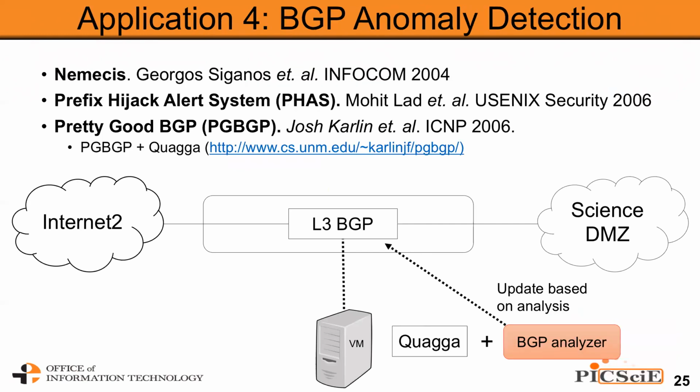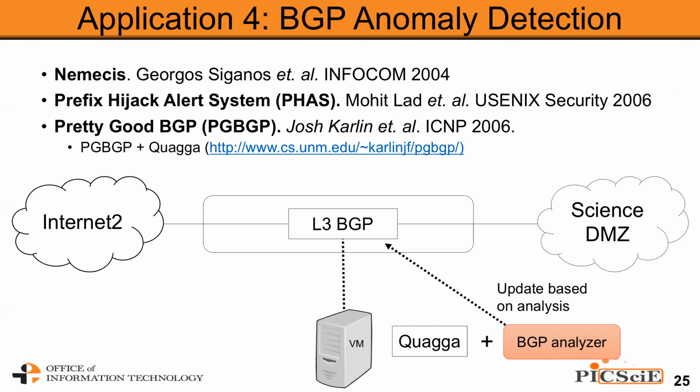Application 4 is about BGP anomaly detection. This is also in our plans. In 2004 or 2006, there was really good work on detecting BGP anomalies. Most of these are actually software that looks at the BGP updates and some publicly available information and sees whether the incoming updates are fishy or not.